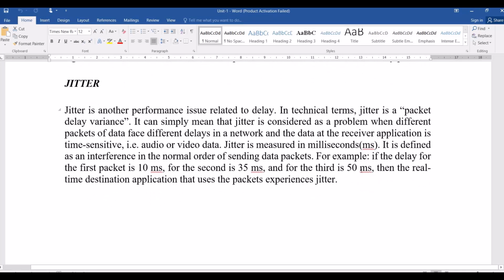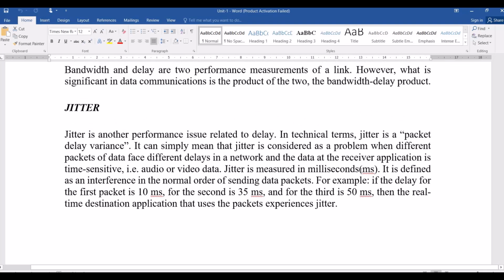If there are different delays in the network, this is called jitter. Jitter happens especially with special packets, like compressed data, audio or video, which can cause jittering. There are different types of delay in the network, and the arrival time delay is not the same from one packet to another.